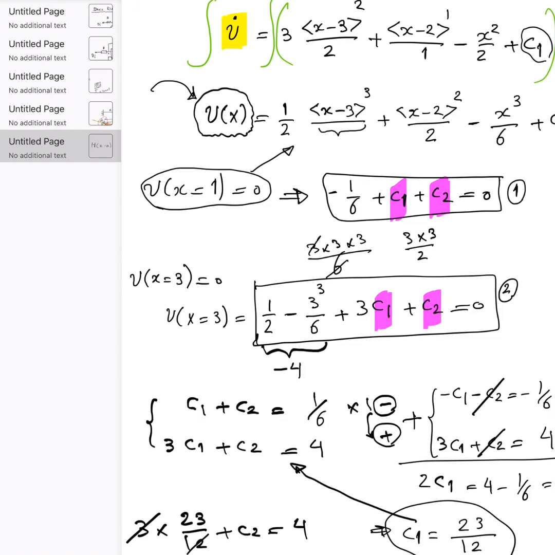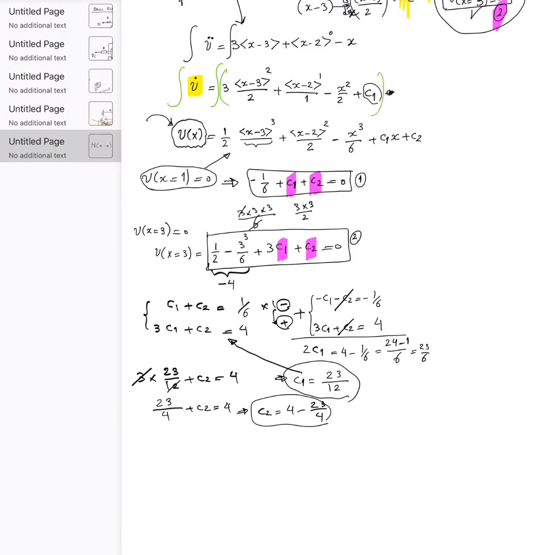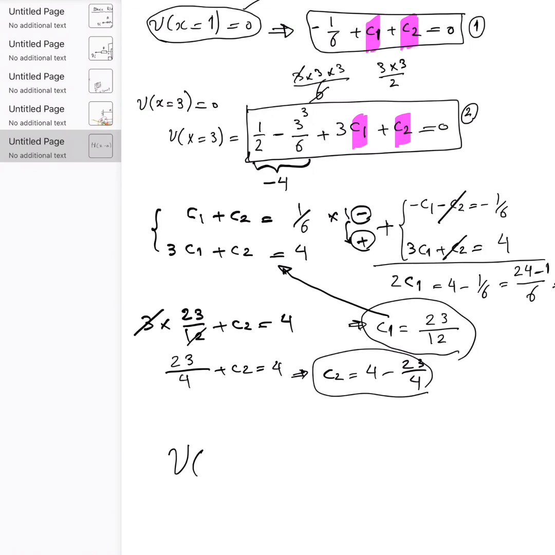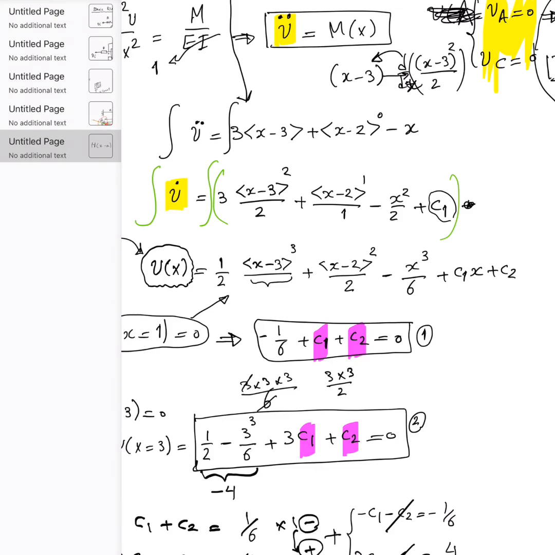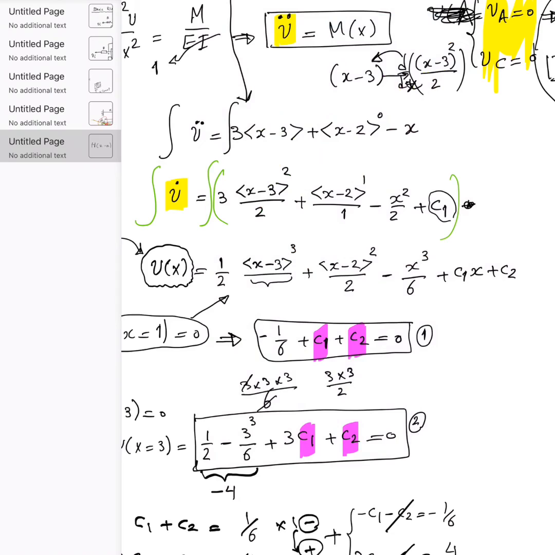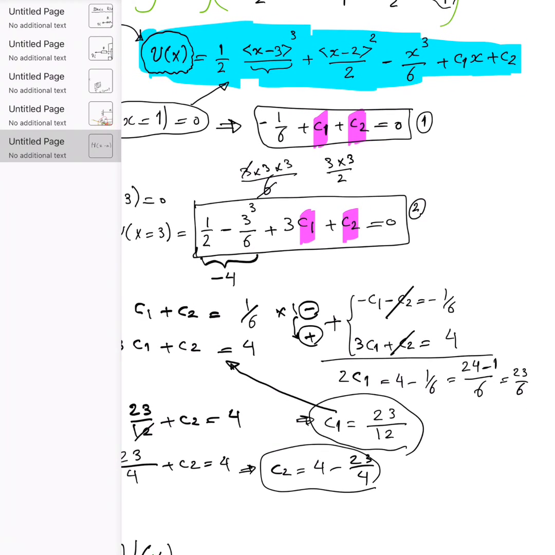Once you get C1 and C2, what is your deflection? Your deflection is V of x. Let's write it here, V of x, deflection at any x. I'm just simply rewriting this equation. Let's highlight it. This equation that I obtained before, the only thing I needed to know was C1 and C2. Now I got C1 and C2, all I need to do is plug it back into the equation and get the equation of the deflected neutral axis.